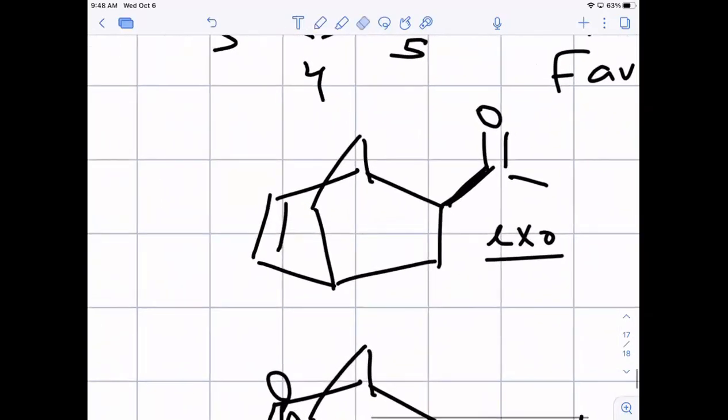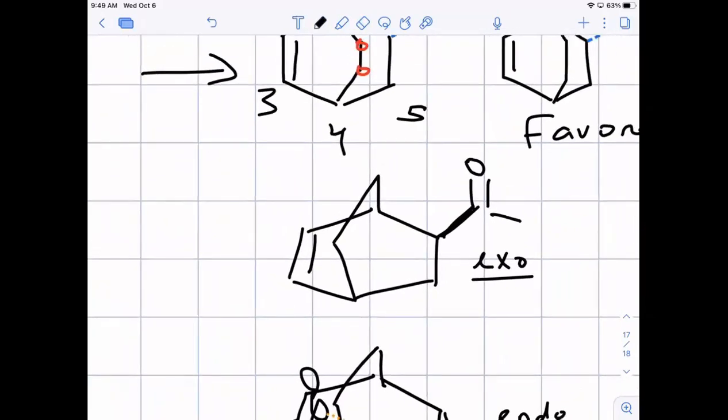All right, any questions about that? I have a question. Go ahead. So is it going to have different product distributions, or is it still 50-50? Well, that's a good question. The fact that the endo is favored, you probably will get a little bit more of it, because of that secondary orbital interaction.